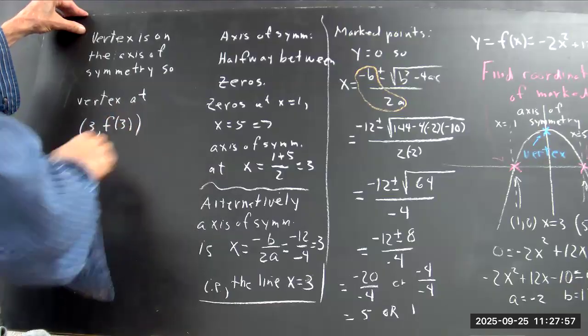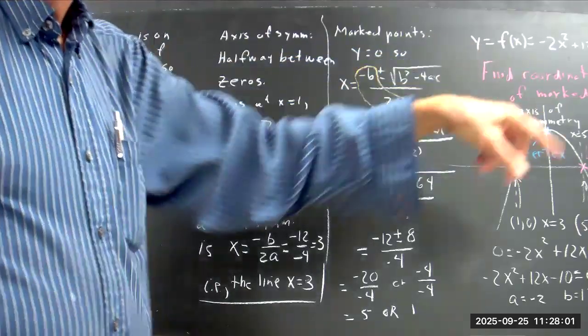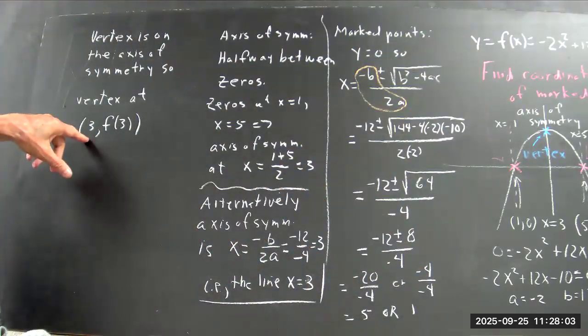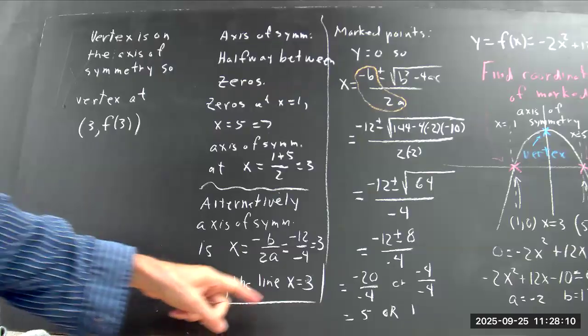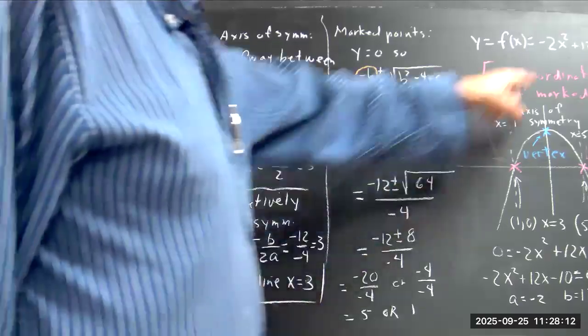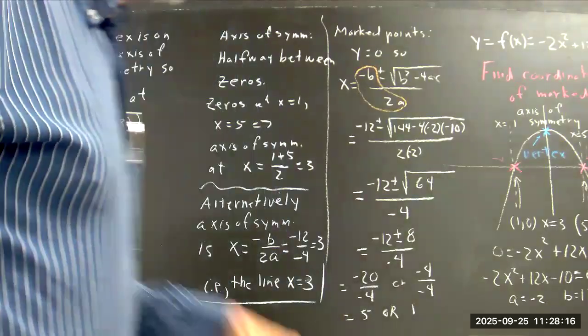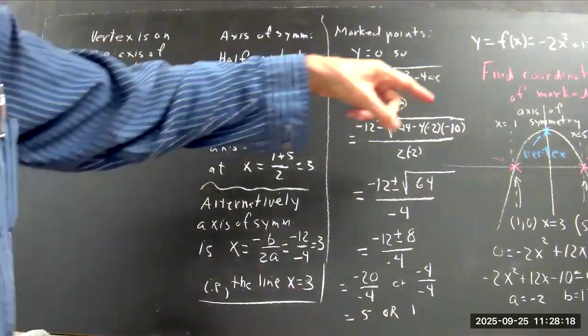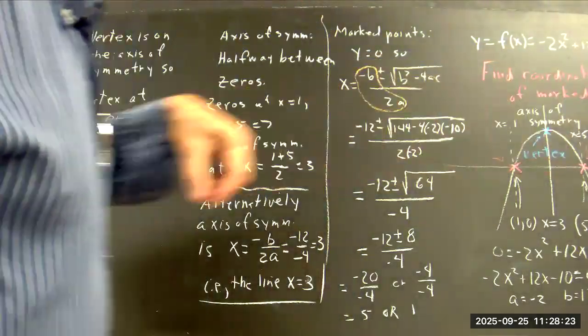I need a little more sophisticated terminology. I called this f of x for a reason, because now I want to say it's at the point 3, f of 3. All that's saying is, if you want to get the vertex, you take the x coordinate of the vertex and you plug it in here to get the y coordinate. By f of 3, I'm saying plug 3 in for x.